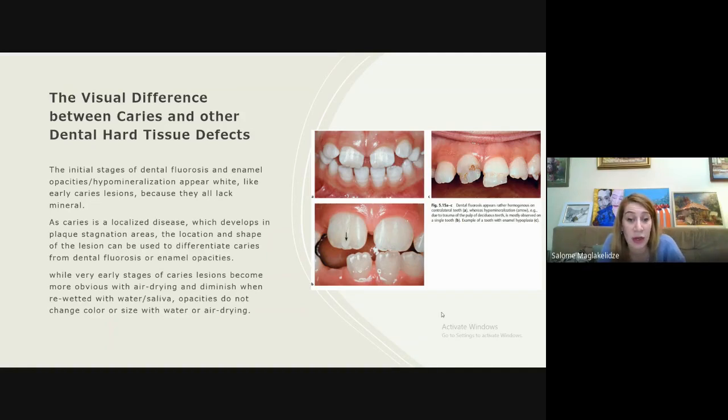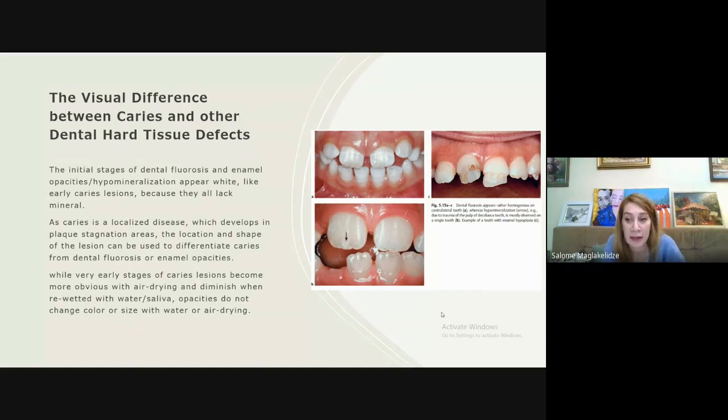And also the main difference you could find is under air drying, because if you air dry the carious lesion, it becomes obvious, and if you re-wet it, you couldn't see it. But if you air dry fluorosis or opacities or hypomineralizations, you couldn't see any difference between dried and non-dried surfaces.